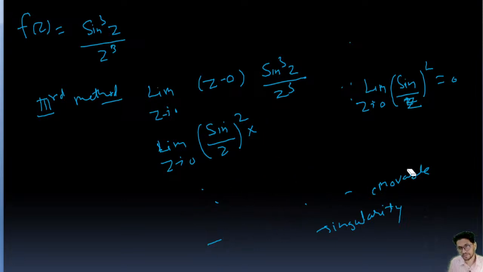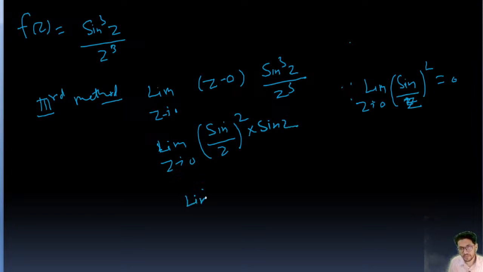So sine z is here. Sine z, so this value is 1, so limit of sine z. If you put z equal to 0, it is going to give 0 value.